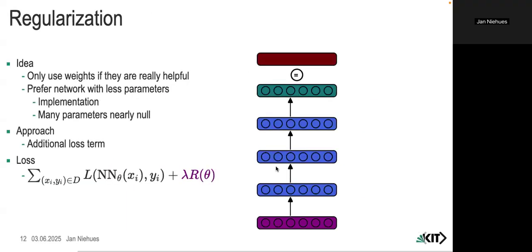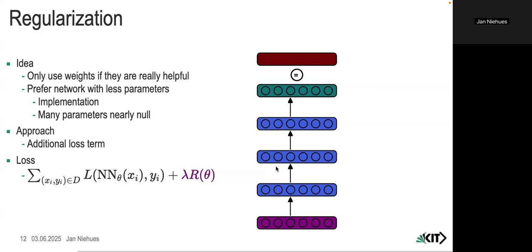With the regularization. So the idea is, in neural networks, it's very easy to always have a lot of parameters, just add them. But maybe not all of them are very helpful. It would be very difficult to decide by hand which ones are helpful or not.